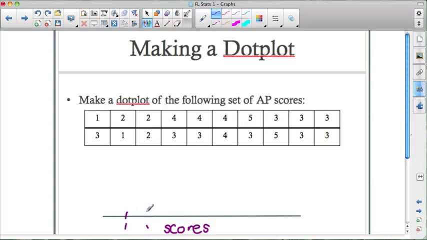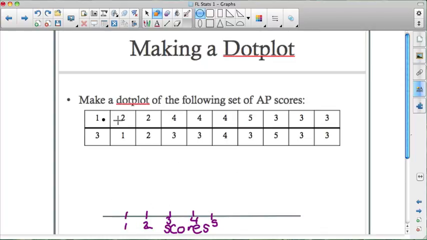That represents 1, that represents 2, 3, 4, and 5. And then I'm going to place the number of dots above each number corresponding to how many times that score occurred.